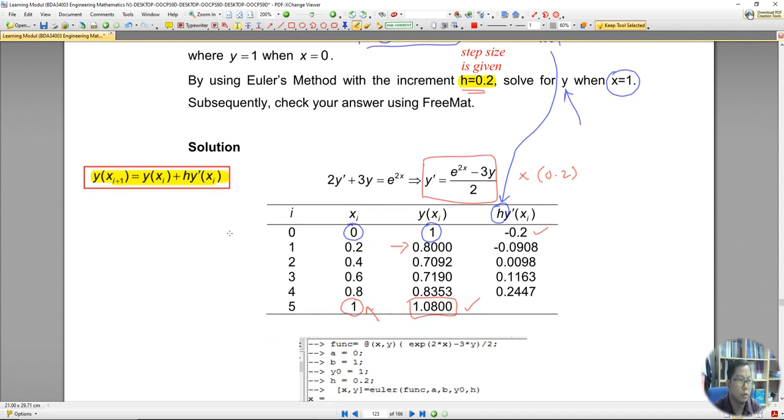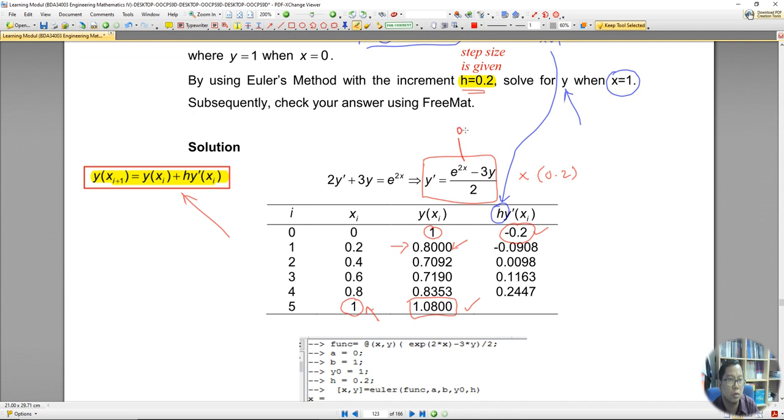Then in order to identify the next y, you have to use this formula, y plus h y prime, meaning you add this number to this number, and then you get the current value of y. From here you identify the value of h y prime as follows.